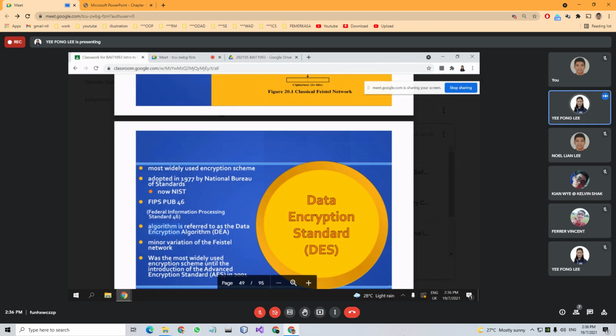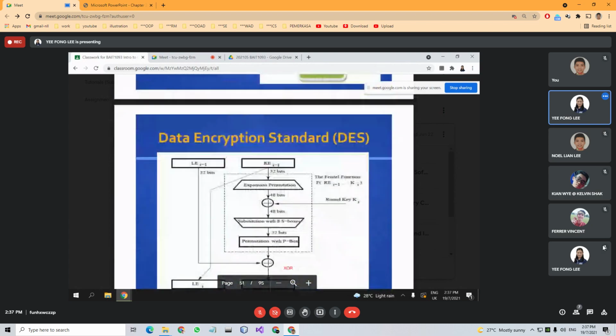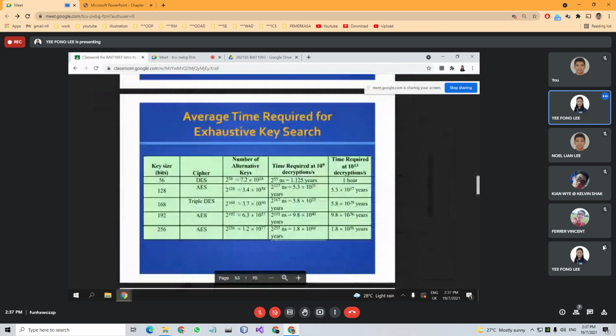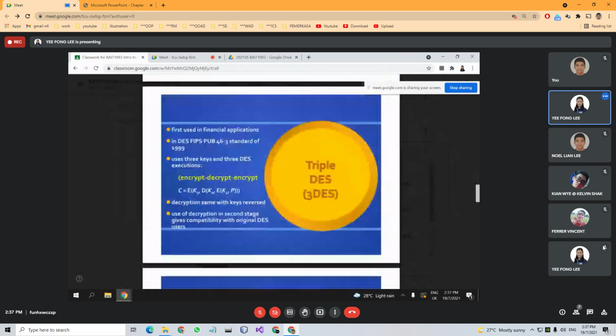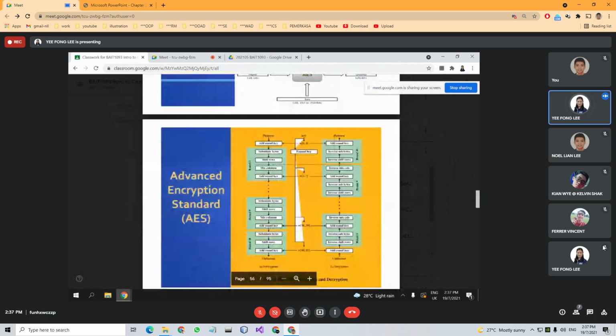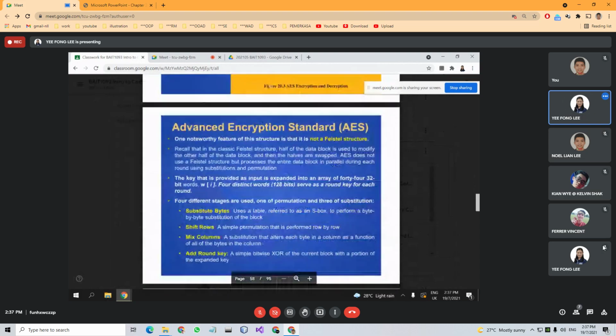All right, if you have a piece of paper or pen or pencil, get it ready first. Sometimes it's interesting to understand how the algorithm works. Of course, we look at those that we can understand. Week 6, the not so important, not commonly used ones, we just leave it. Okay, Feistel. So we have DES. After that, we learn Triple DES and then AES.